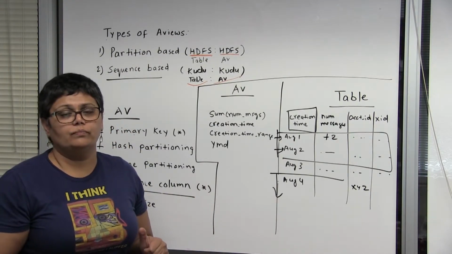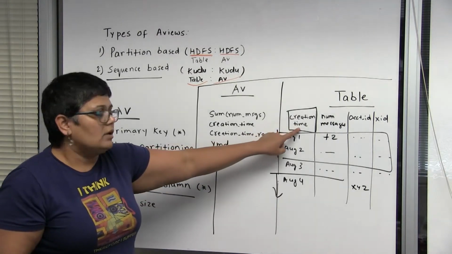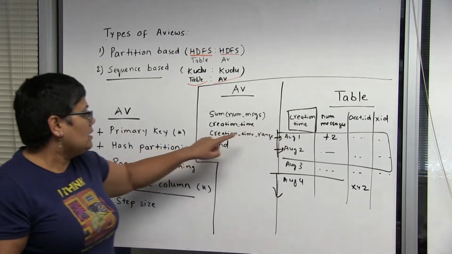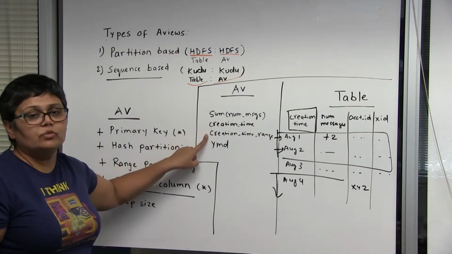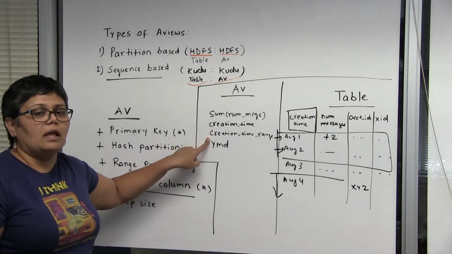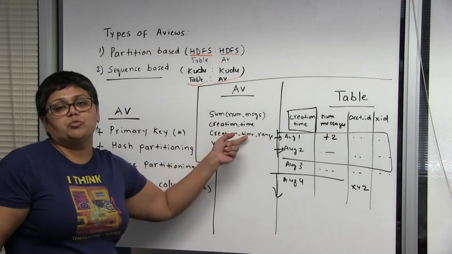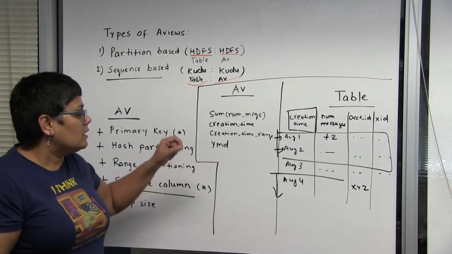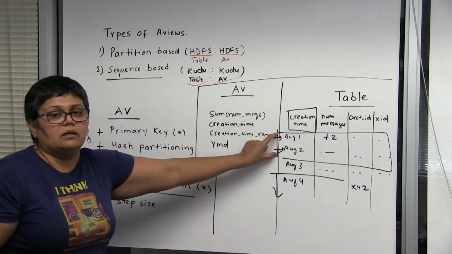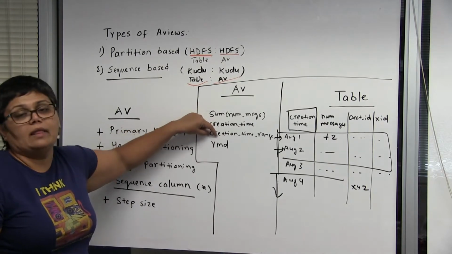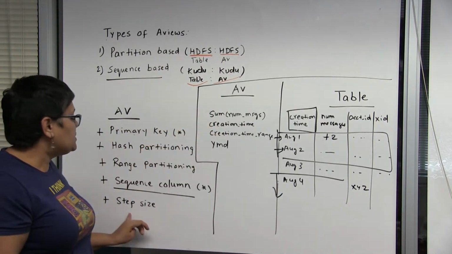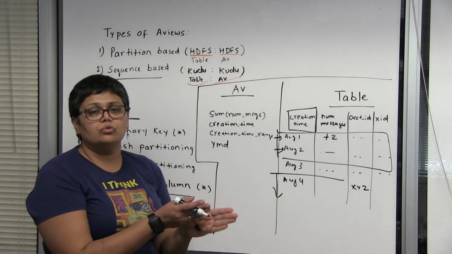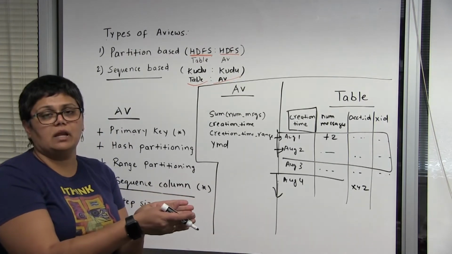The sequence column on the analytical view side results in internally creating a range partition column, so that the computation for that range of the base table data is stored in the analytical view. Step size allows you to modify the size of this range.